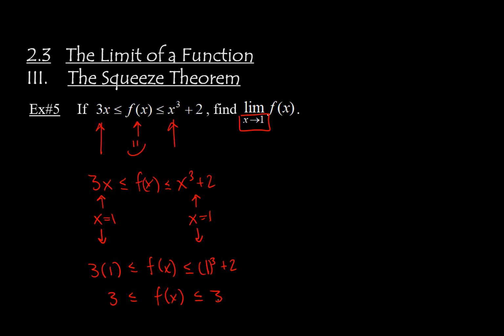Notice when you plug it into both of them, you get 3. So that means, since f of x is in between them, that the limit as x approaches 1 of f of x must also be equal to 3. And that is the squeeze theorem.